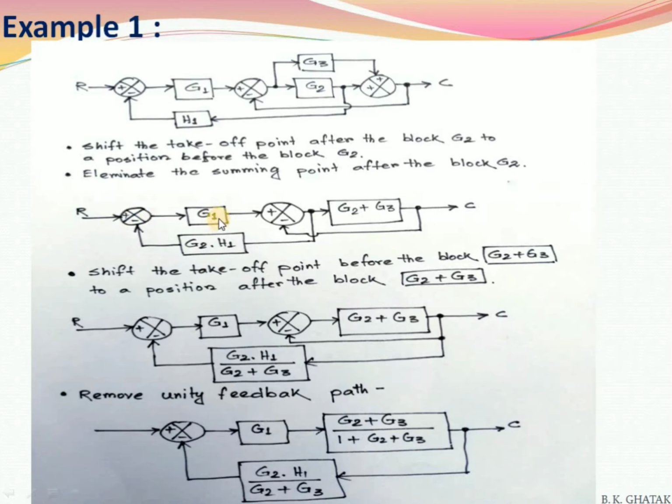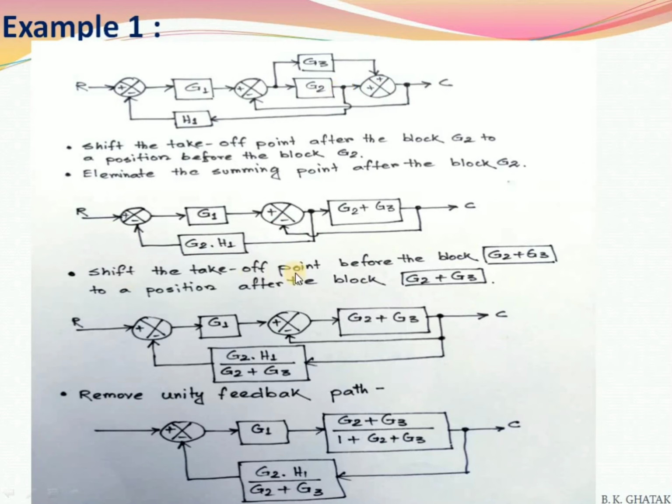block G1, then a summing point, then G2 and G3 added together, G2 plus G3, then this takeoff point from where a unity feedback signal is applied negatively to a summing point, and this takeoff point is shifted from here to here.